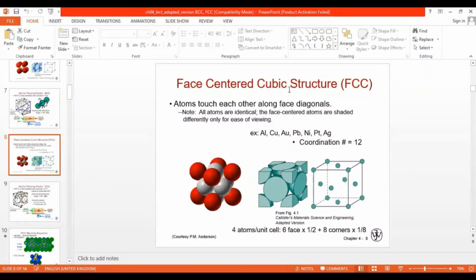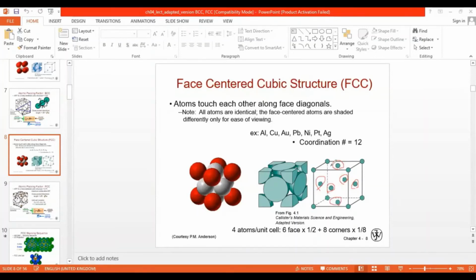The third structure is called the face centered cubic structure, FCC, right? So this is the arrangement. Going by the name, the centers of these faces are occupied by atoms. If you consider this cube, there are atoms which make the face. This one in this face, this one in this face, this one on the other face, here this one 4, this one 5, and this one 6.